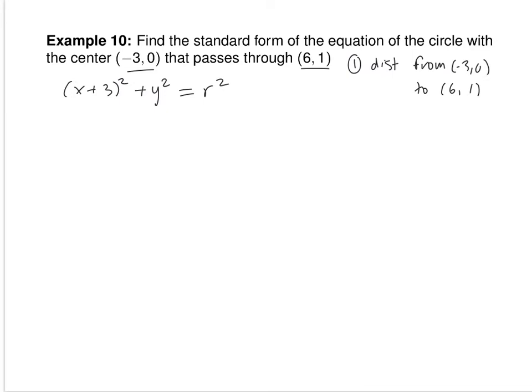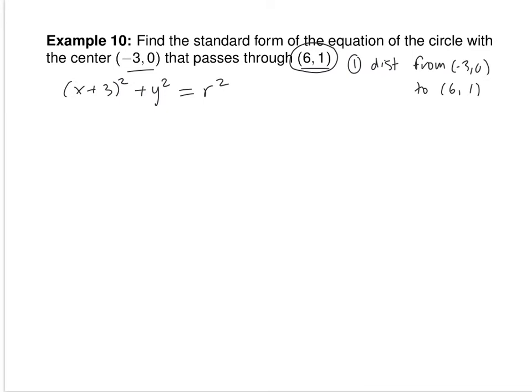Okay, so if you graph it, okay, that's a fine thing. Here's what I was thinking, that point is an x and a y, isn't it? Can't you plug those numbers in for x and y and solve for r?